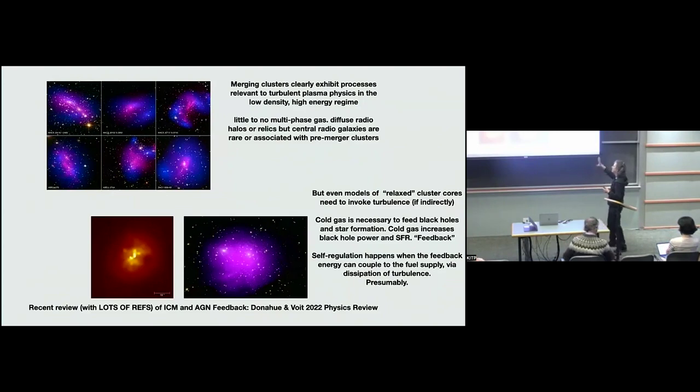What I'd like is to draw your attention to the more relaxed clusters, where we still, to explain what's going on in relaxed clusters, need to invoke turbulence and turbulent dissipation to explain how, for example, the energy of AGN feedback gets shared with the rest of the plasma. And so this regulation seems to be extremely important in explaining how massive galaxies and massive clusters evolve.